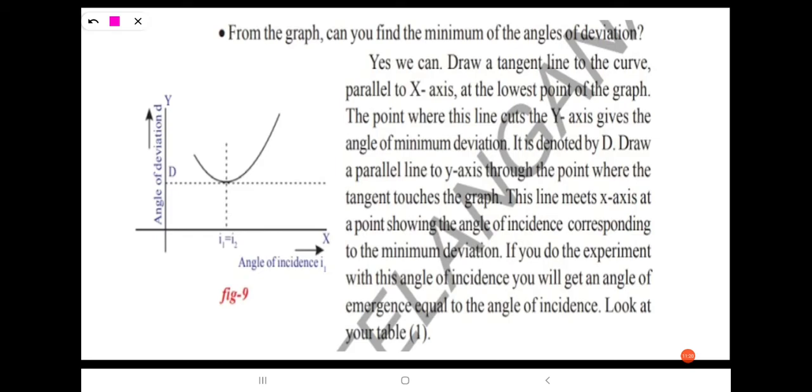The point where the line cuts the y-axis gives the angle of minimum deviation.